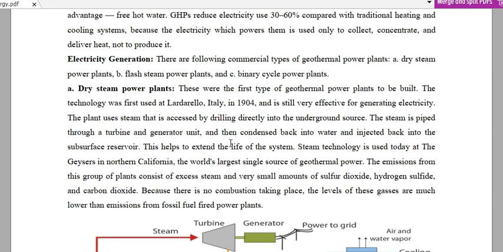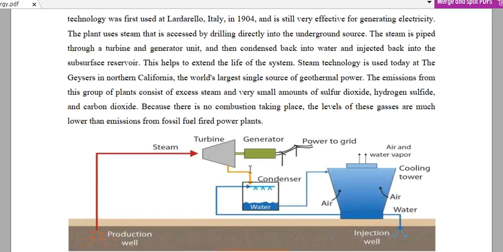So we can also see in this figure that the principle of this type of power plants is very simple.